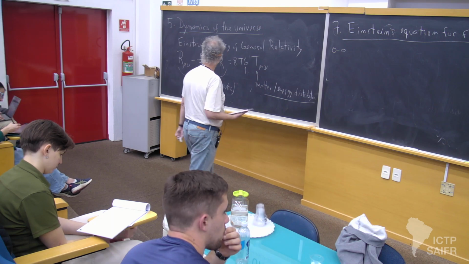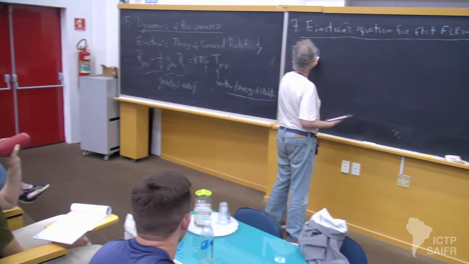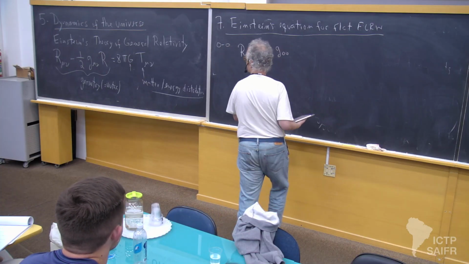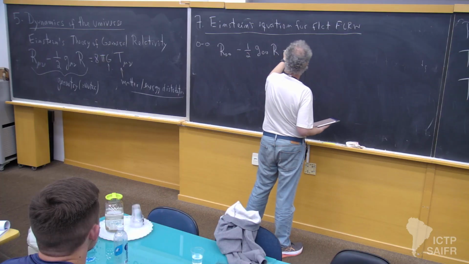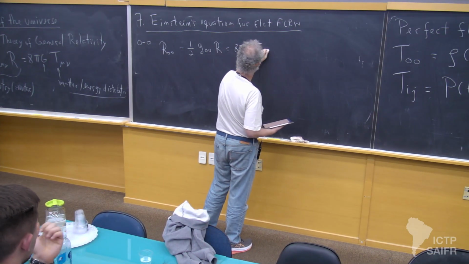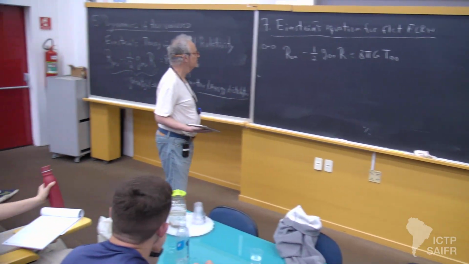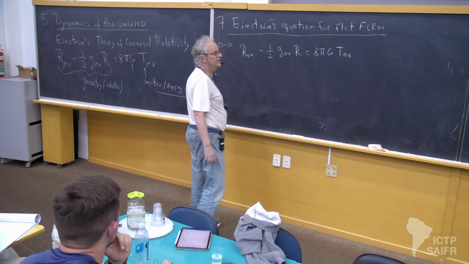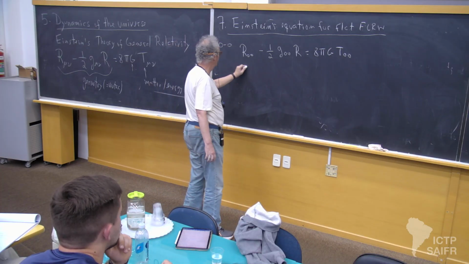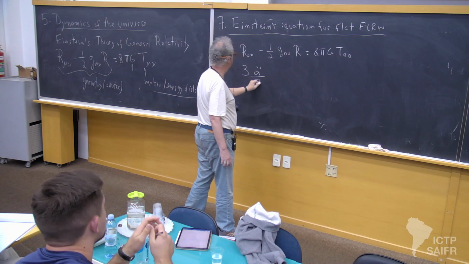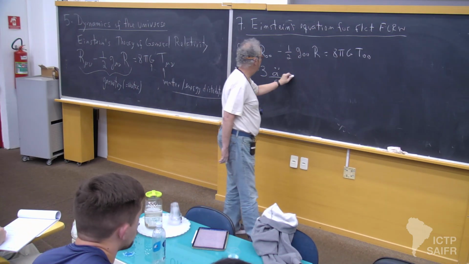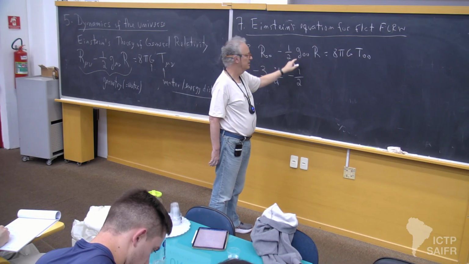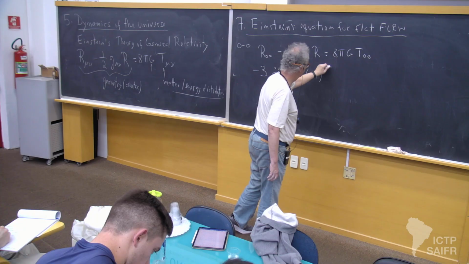Okay? So now you help me. So it's R_00 minus 1/2 g_00 R equals 8 pi G T_00. So what is R_00? It's minus 3 a double dot over a, minus 1/2. What is g_00? It's minus 1. What is R?